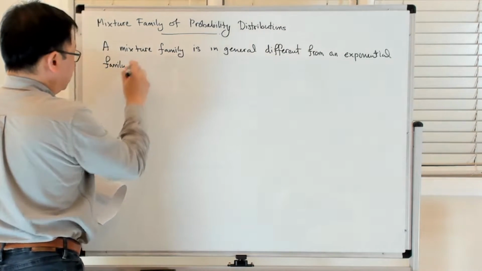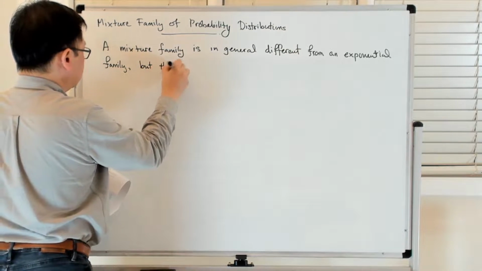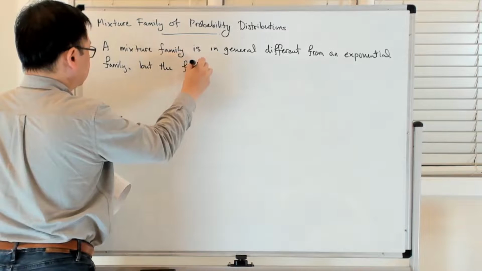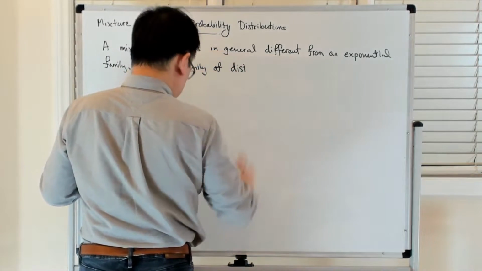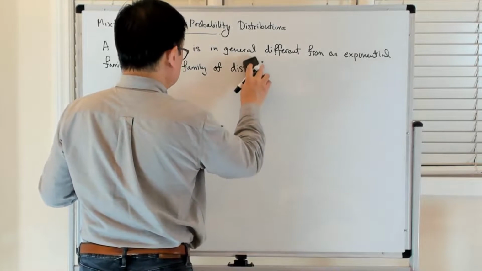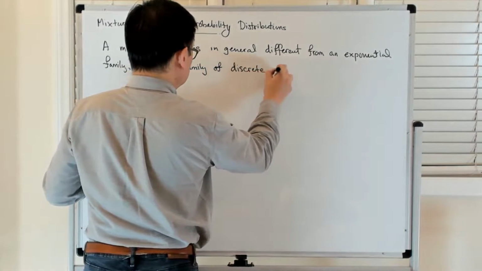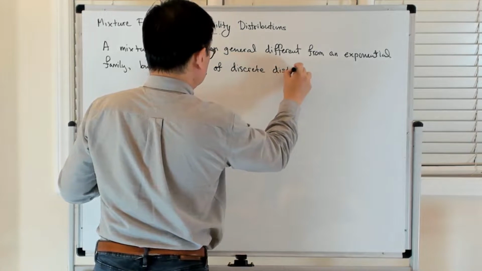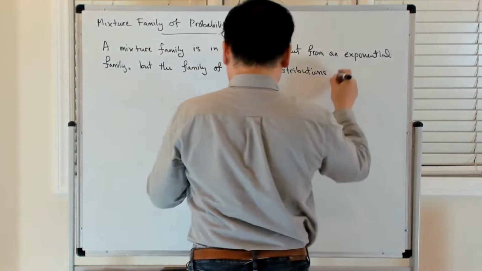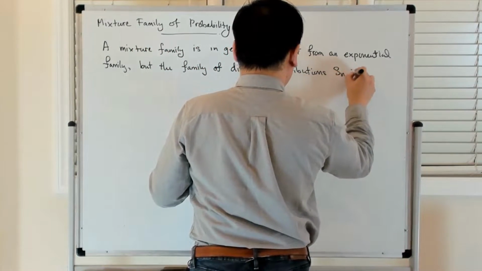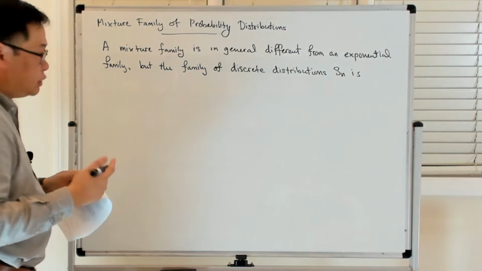But the family of discrete distributions S_n is both an exponential family and a mixture family.